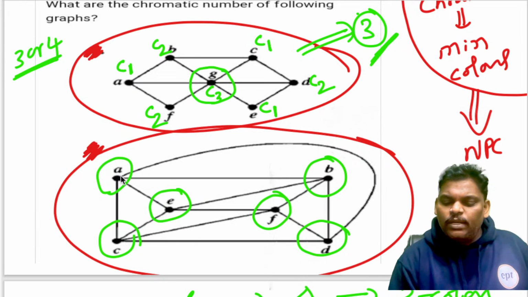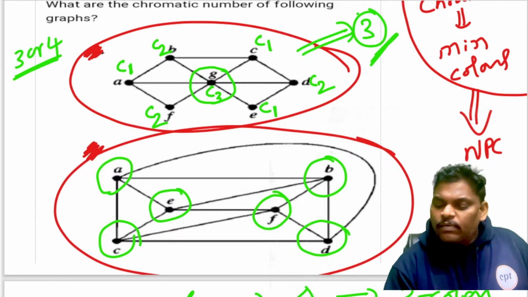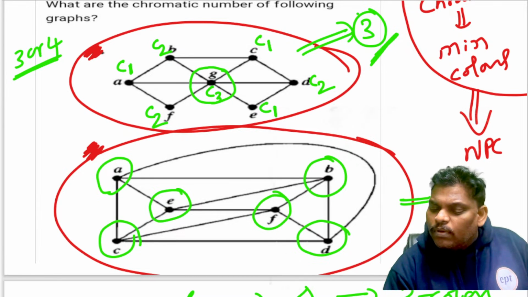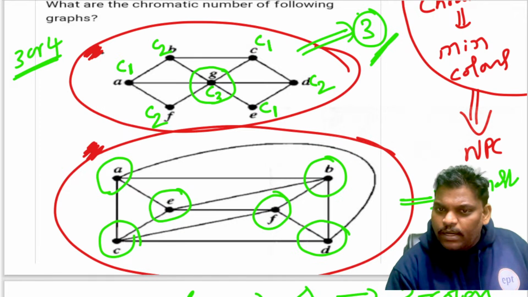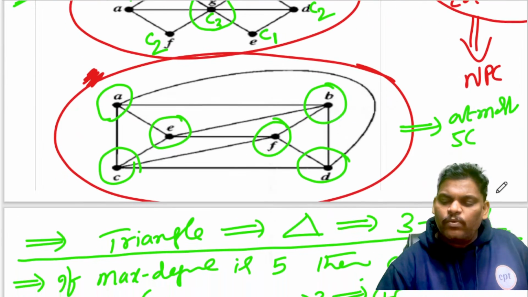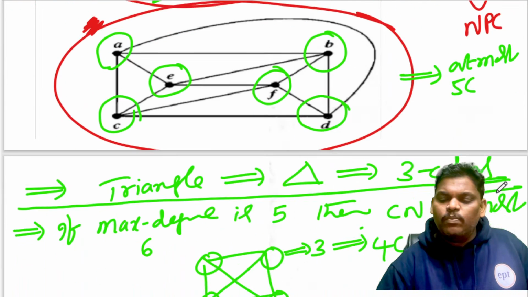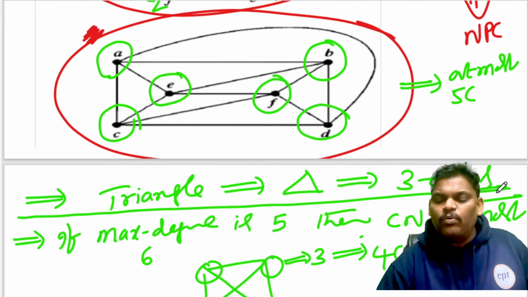I think maximum degree is 4. If the maximum degree is 4, at most 5 colors, right?